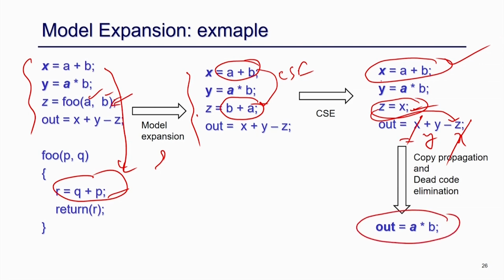Again I can replace this y, because I do not need to store that, as this is happening here. So effectively this whole code is doing out equal to a star b. This is just to highlight that if you do the module expansion, that will increase the scope of application of the other optimizations, and that might reduce the code by a significant amount.